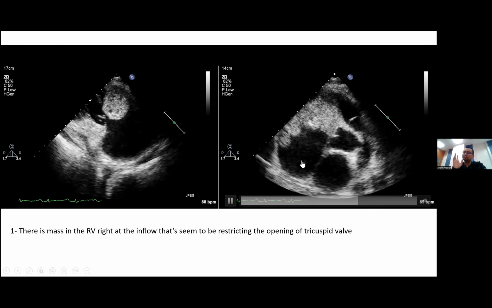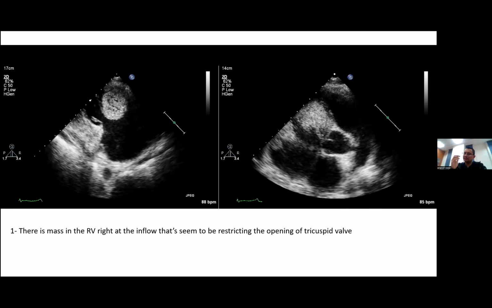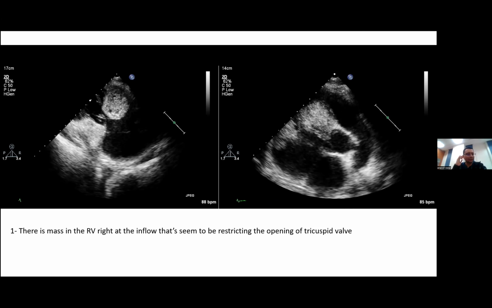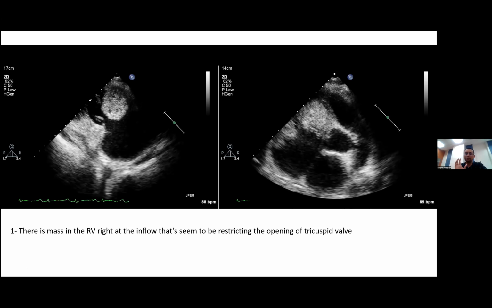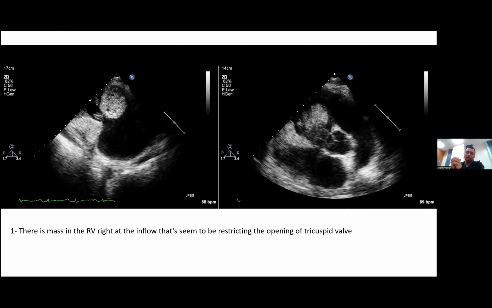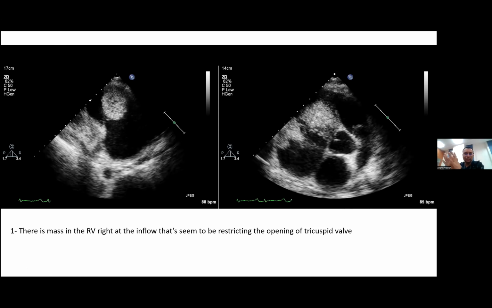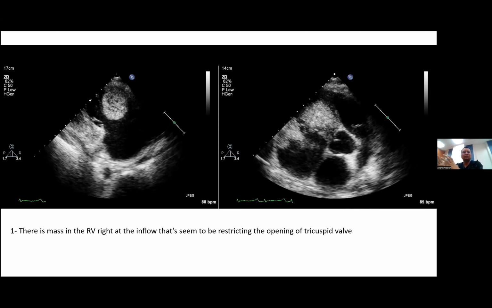Now, whenever you see a mass on the right side, especially when the mass involves the junction of the right atrium and right ventricle, that is something very sinister. And I will tell you what that usually signifies. A mass in the left atrium, if it's a mass, is normally a left atrial myxoma.